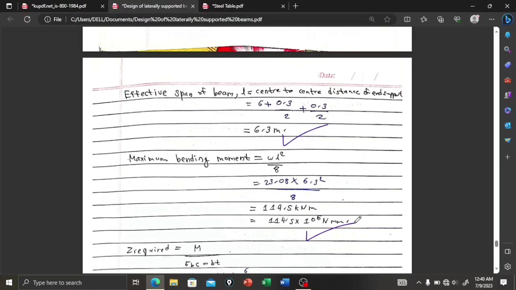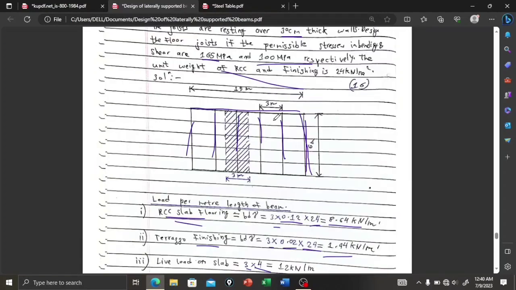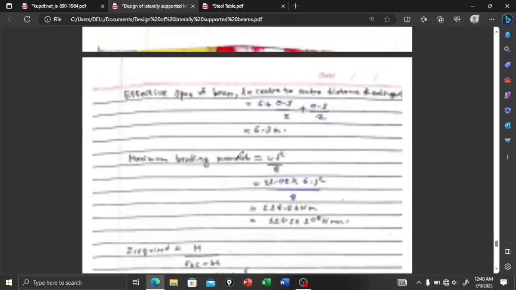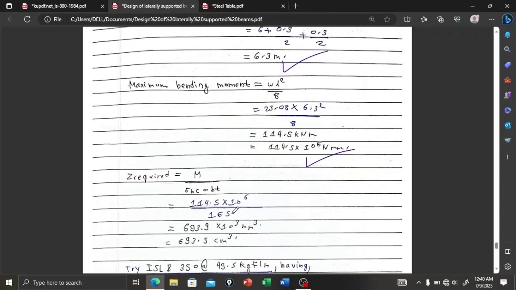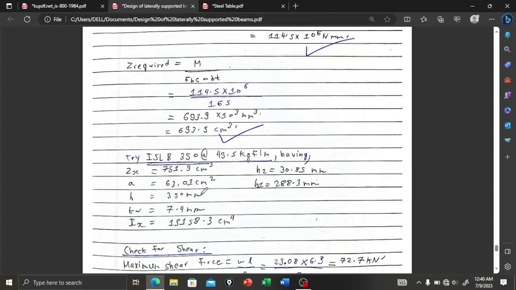Z required is M by sigma BC or sigma BT. Sigma BC is 165. So 114.5 into 10 power 6 over 165 is 693.9 centimeter cube. We have to choose the value of Z greater than this, that is greater than 694.